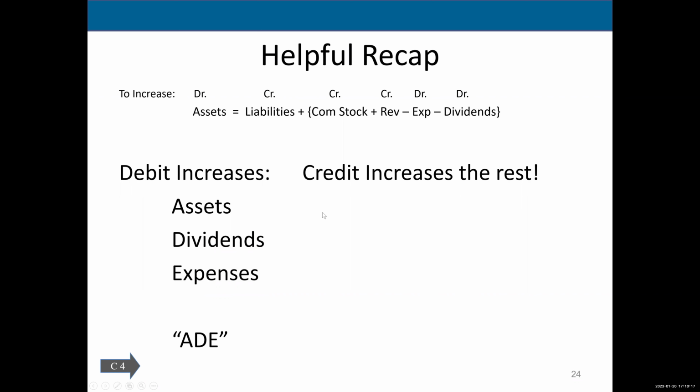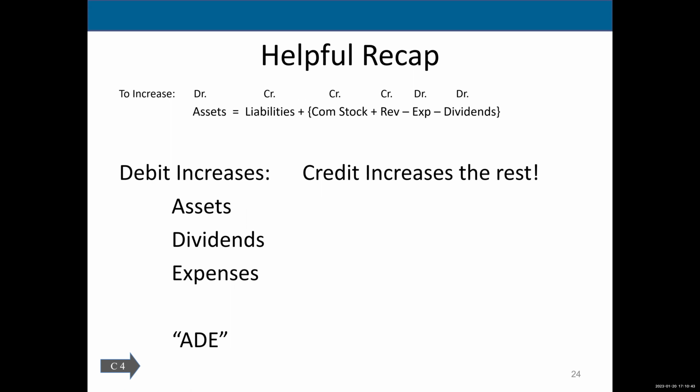Everything else is increased with the credit. So my daughter really didn't know the double entry system, but she knew that if I said asset, well, assets increase with the debit, right? If I said, how about revenue? Well, revenue is not part of ADE, so that must be credit.